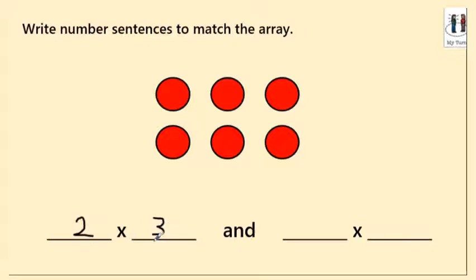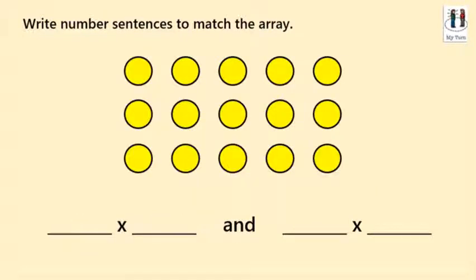So my multiplication calculation is 2 times 3, and then remembering that it is commutative, I'm going to switch the numbers around, which would give me the same answer. So I've got 3 times 2, and they will give me 1, 2, 3, 4, 5, 6 as my answer. 2 times 3 equals 6, 3 times 2 equals 6. They are, that's right, commutative.